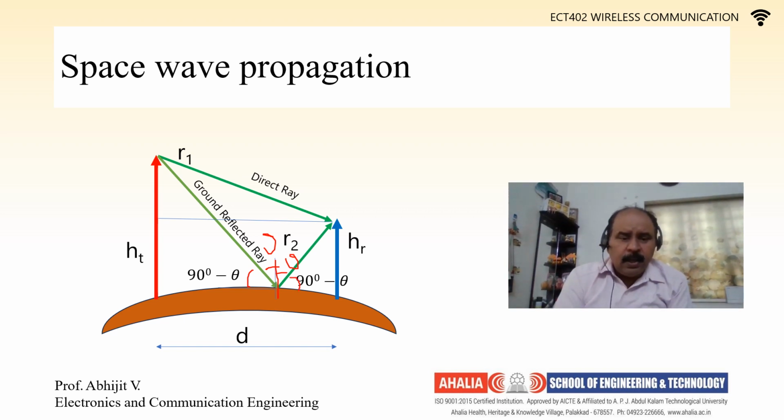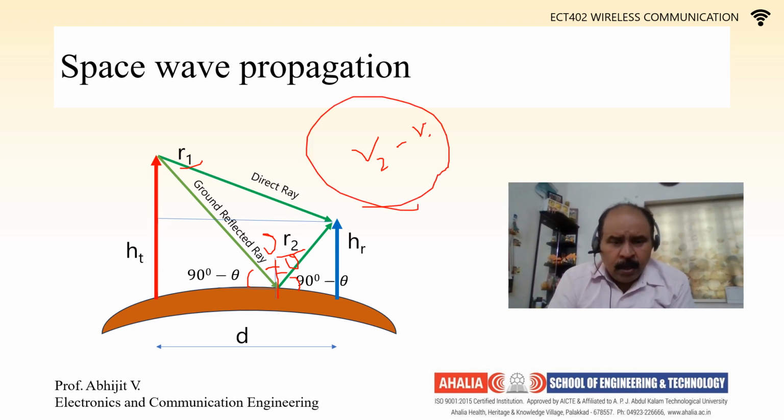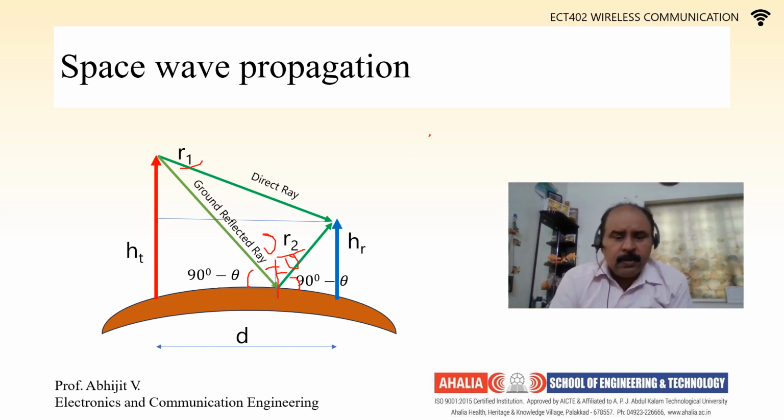From this we are going to derive the equations of R1 and R2 and the path difference, that is R2 minus R1. This is the difference of distance between the signals taking two different paths. We'll use basic trigonometry to calculate both these values.